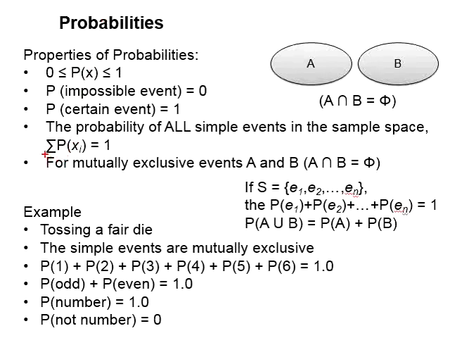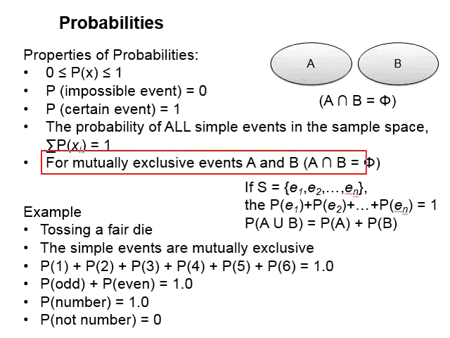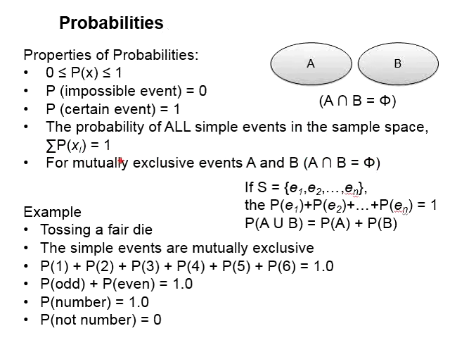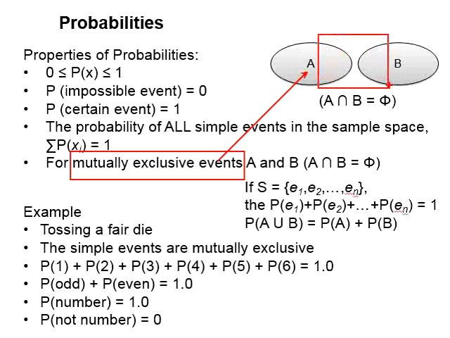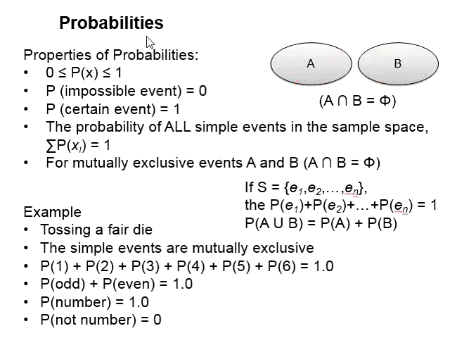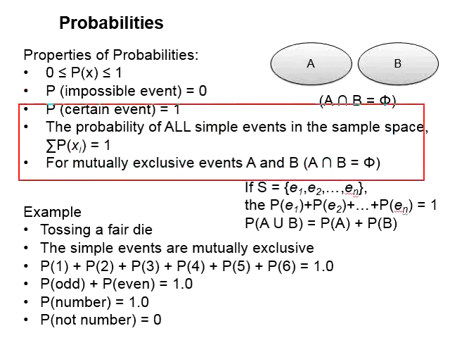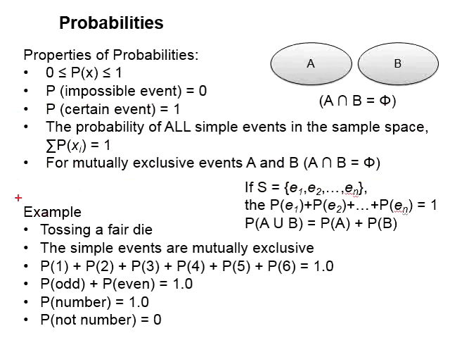This is valid when the simple events are mutually exclusive. Mutually exclusive means that there is no overlapping between the events A and B. If you find it quite difficult to understand, let us look into an example.